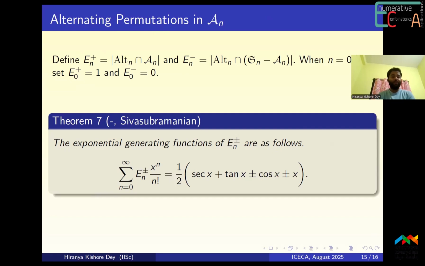We are also able to find signed alternating run enumerating polynomials for type B and type D Coxeter groups. Here I am not including this for the sake of time, and we are also able to find similar applications for those polynomials. Thank you.